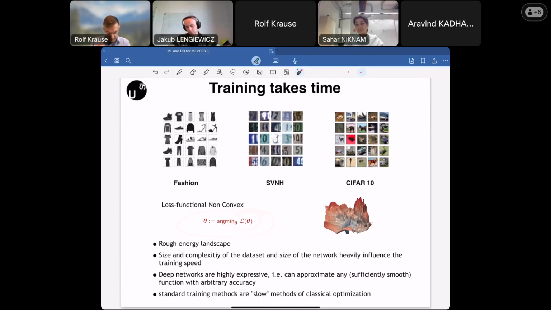Problem is your energy landscape is usually very rough. What does it mean you have a rough energy landscape, right? It's the change of energy when you do a little bit of variation in the weights.